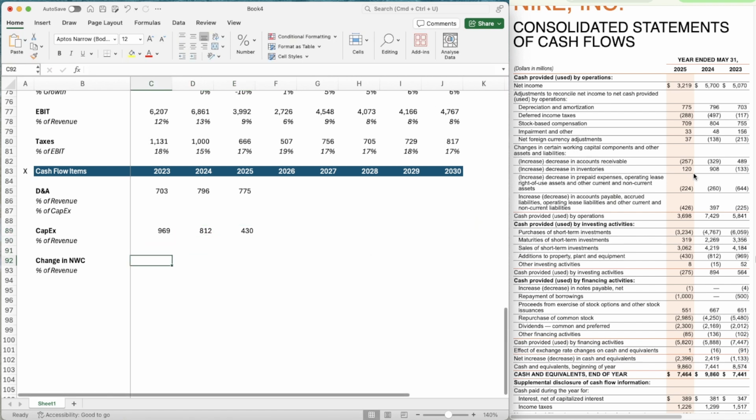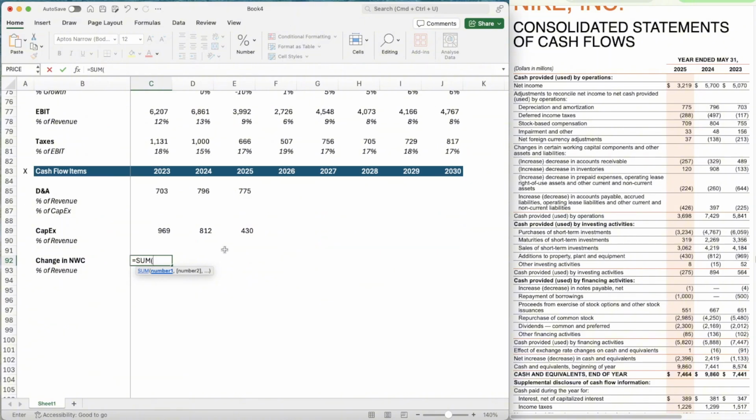Change in net working capital. So the sum of these, we just go equals sum 489, comma, negative 133, comma, negative 644, negative 225.